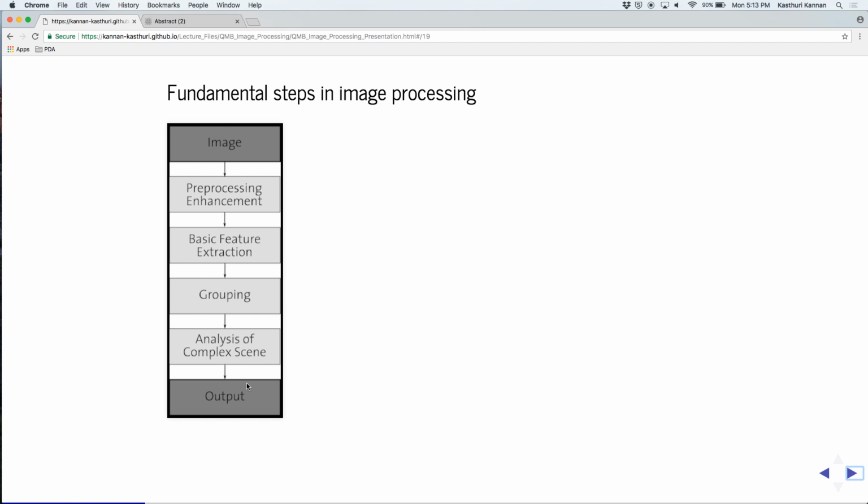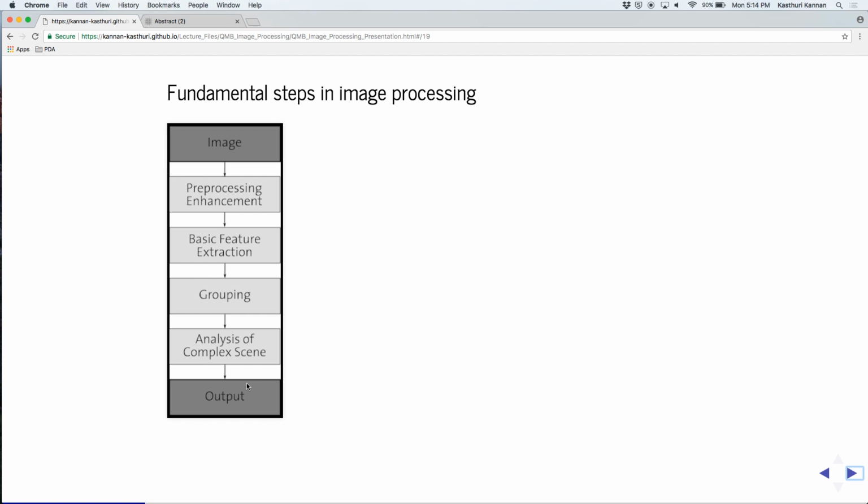For instance, if you want to do noise removal, after pre-processing there may be a noise removal filter that we have to apply. This is a typical example of how an image could be processed in a microscopy environment, or any other capturing environment.